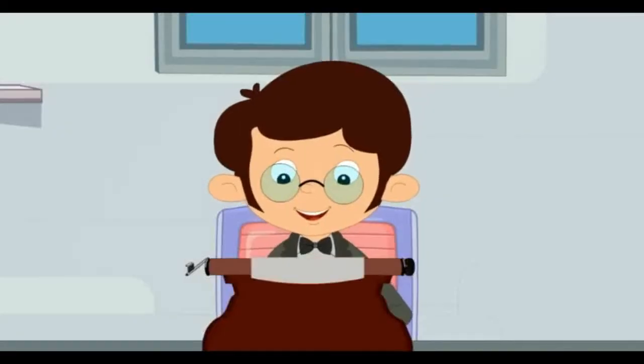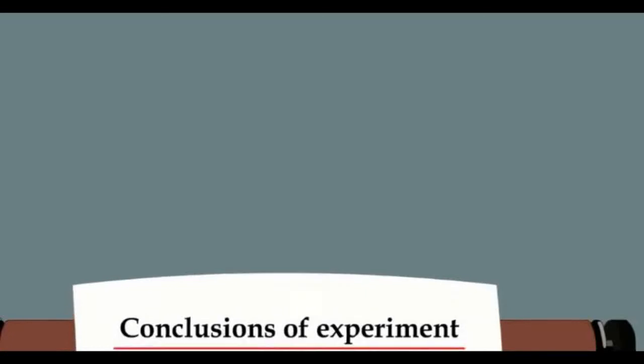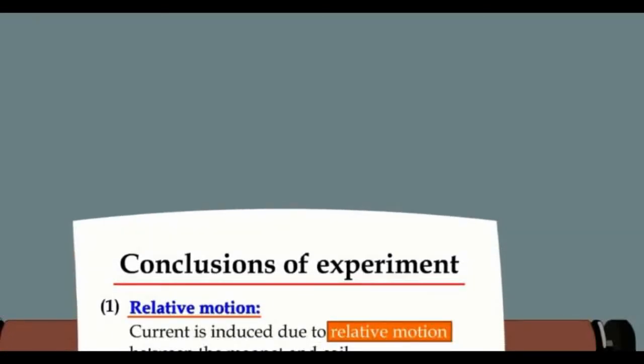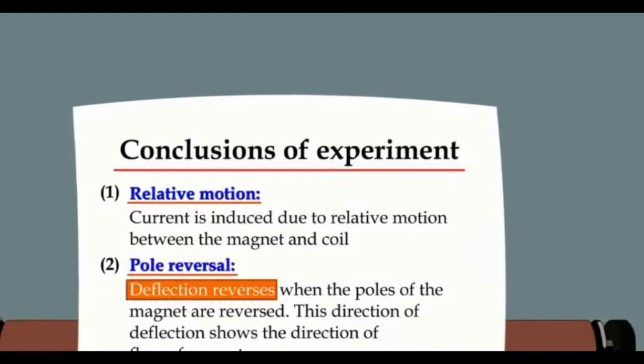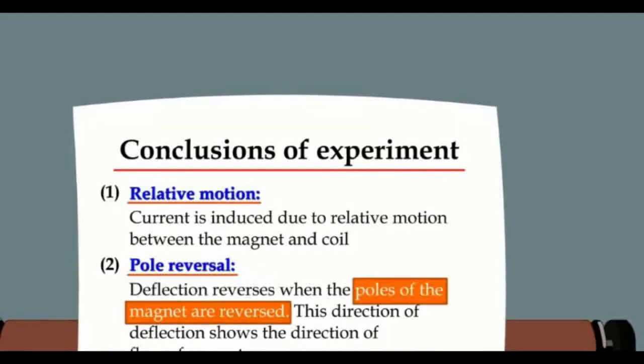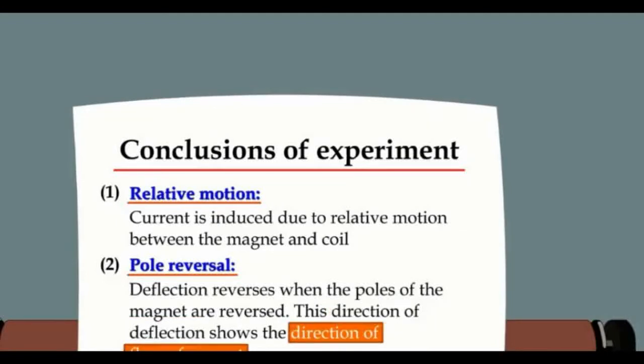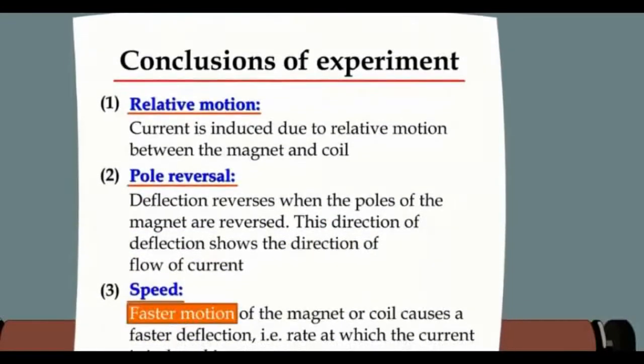Now we may conclude the result of the experiment. What are the points that we have seen? First, current is induced due to relative motion between the magnet and the coil. Second, deflection reverses when the poles of the magnet are reversed.